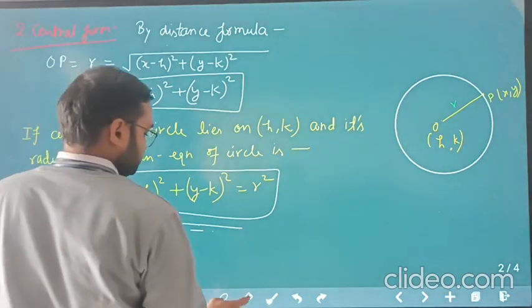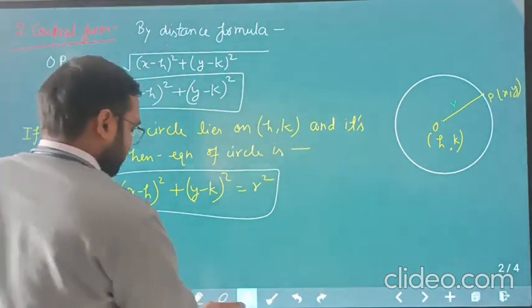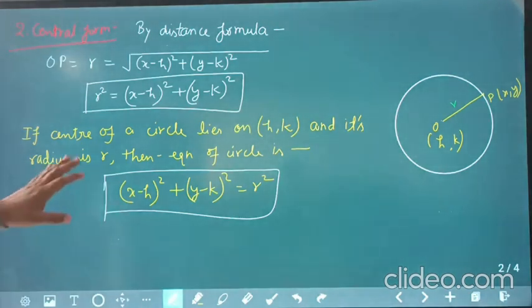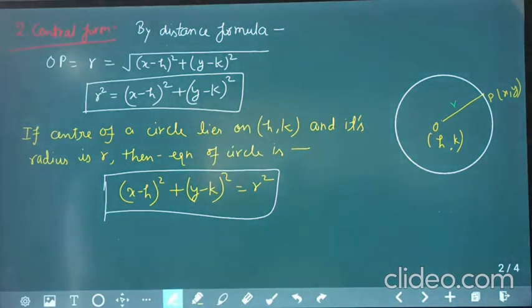This will be the central form of the circle. I hope it is clear to all of you. And after this, we are going to solve some questions based on this.